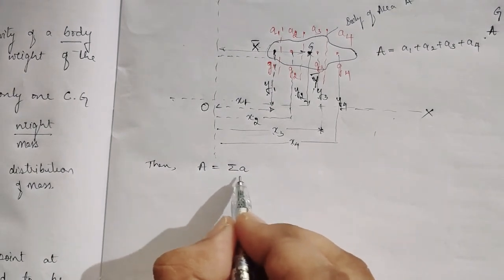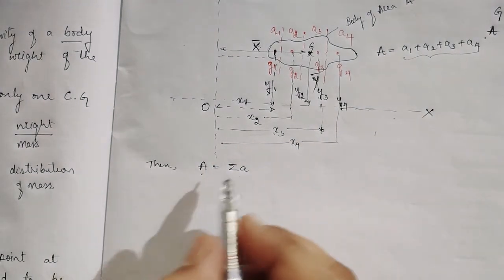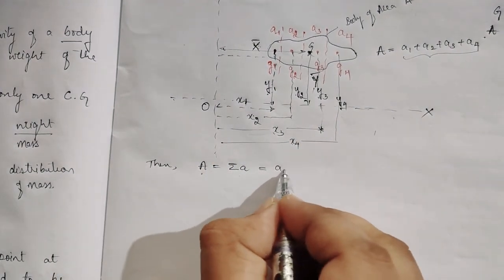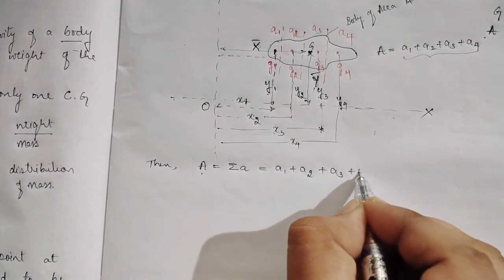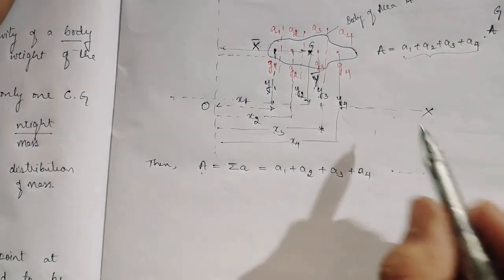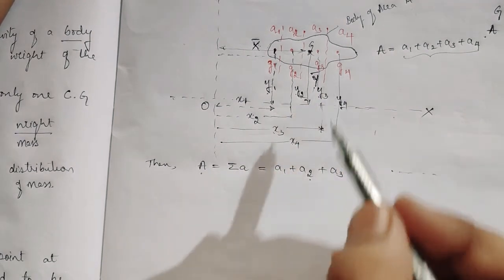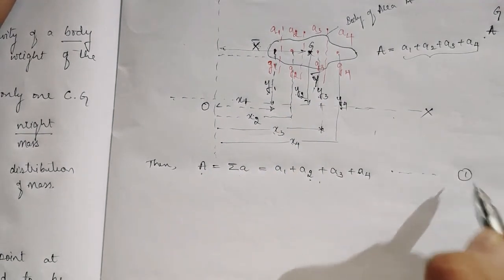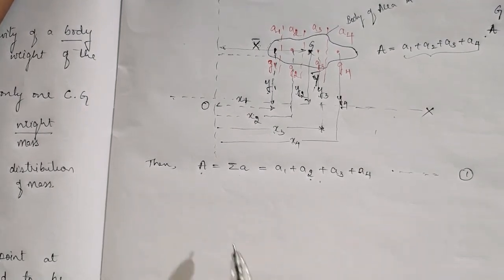If I add all the areas A1, A2, A3, A4, I will get the big area A. So the summation of area is nothing but A1 plus A2 plus A3 plus A4, correct? I didn't do anything, I just wrote what is in the diagram as this equation. Let us take that as equation number 1.